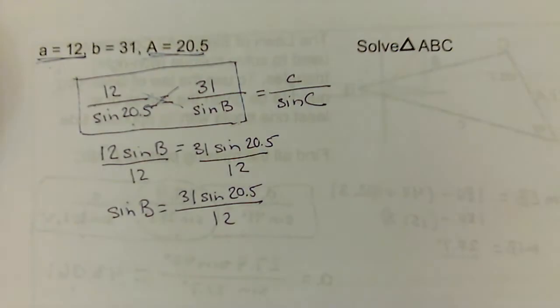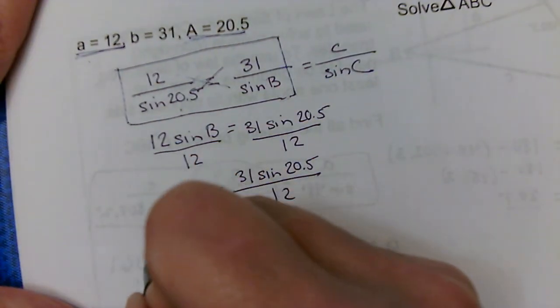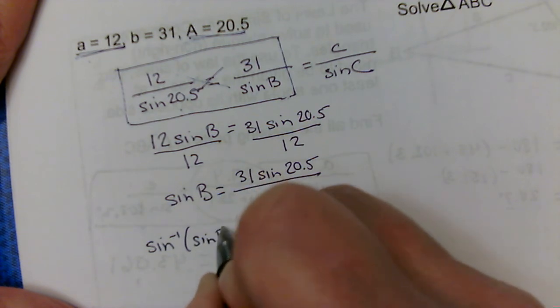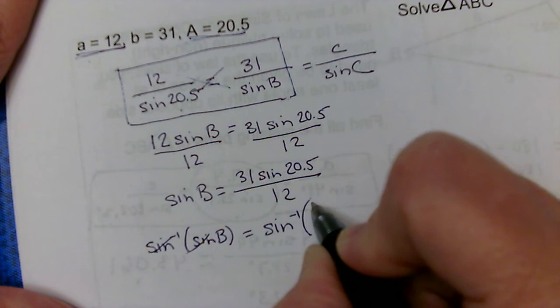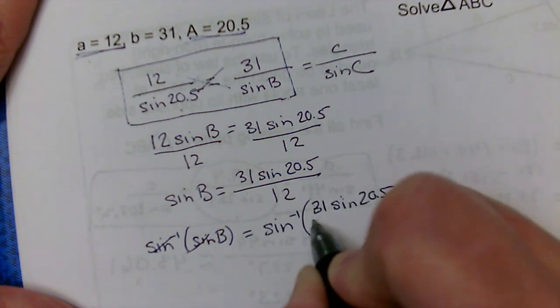I'm not going to put it in the calculator yet because I need to do the arc sine of both sides. So if I take the arc sine of the sine of B, that's going to cancel. And over here I'm going to have the arc sine of 31 sine of 20.5 over 12.